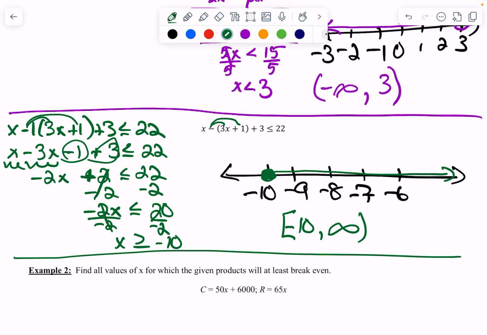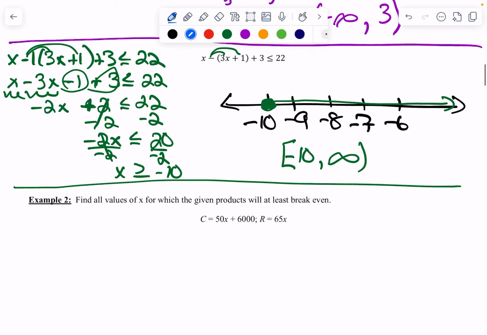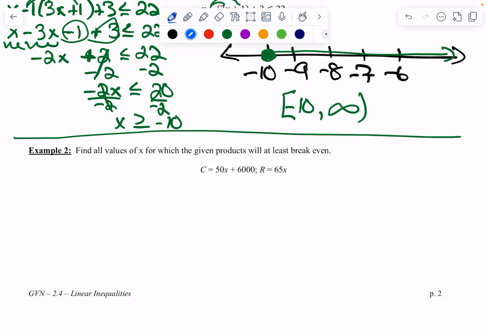Okay, let's look at the next one. Find all values of x for which the given products will at least break even. Remember from, I believe it was 2.2, where we talked about the break even. So we have our cost function and we have our revenue function right here.